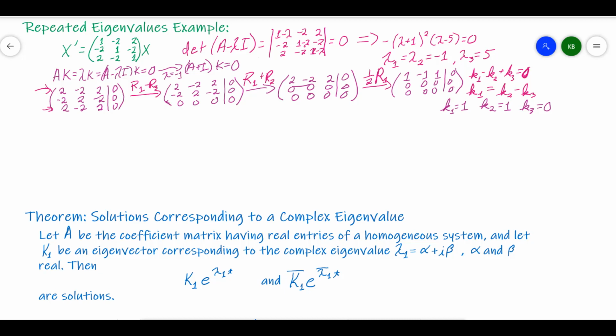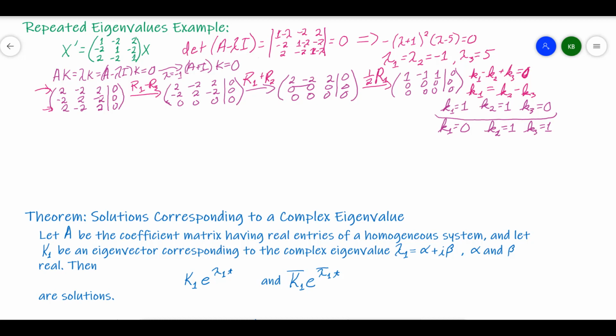So there's a possibility. But remember, this all hinges on our choices that we make. I could have just as easily said, well, what if they're both 1? So I could have had k2 is equal to 1, k3 is equal to 1. Well, then I have 1 minus 1, so that means that k1 must equal 0.